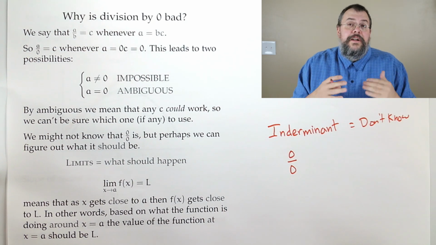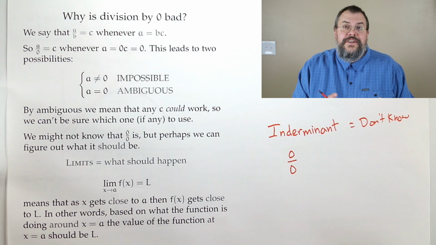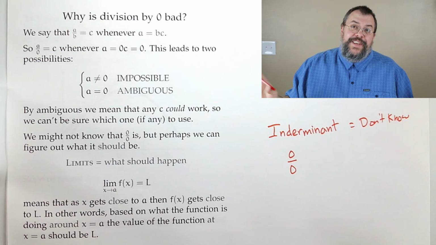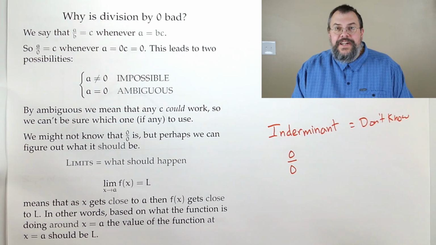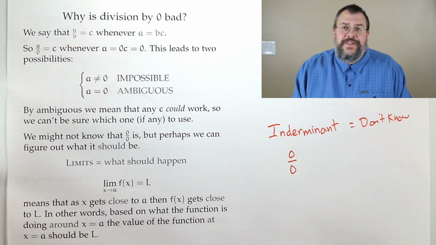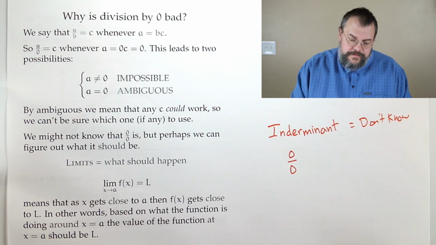So what do we do? Let's talk about what we don't do. 0 over 0 is not automatically going to be 1. There will from time to time be cases where 0 over 0 is in fact equal to 1, but it's not like we can cancel the zeros. That's not how it works here. You've got to be a little more careful.